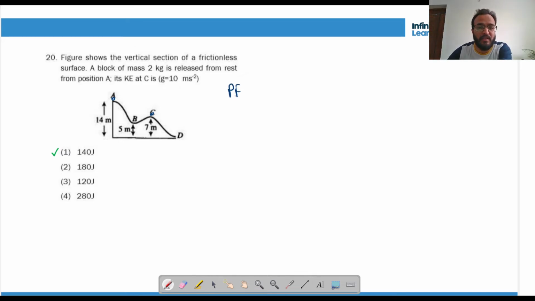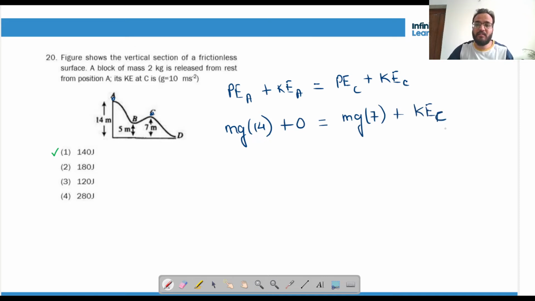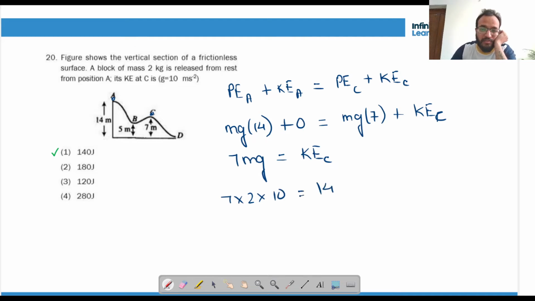See, potential energy at A plus kinetic energy at A is equal to potential energy at C plus kinetic energy at C. So what is potential energy at A? mg into 14 plus 0 is equal to mg into 7 plus kinetic energy at C. Do you understand? So 7 mg is equal to kinetic energy at C. So 7 into 2 into 10, answer is 140 joules.